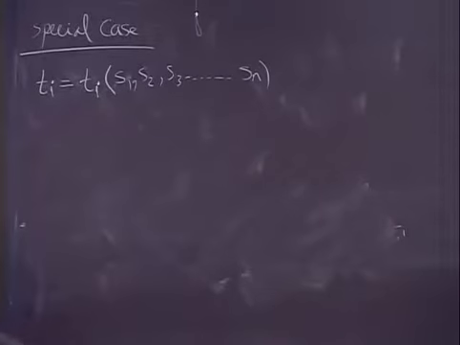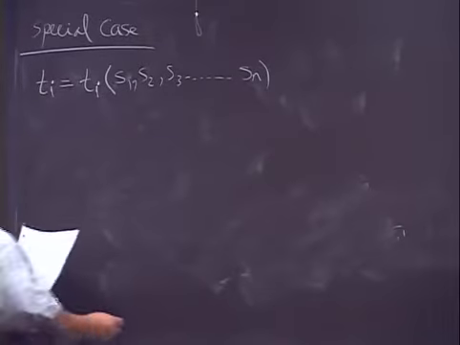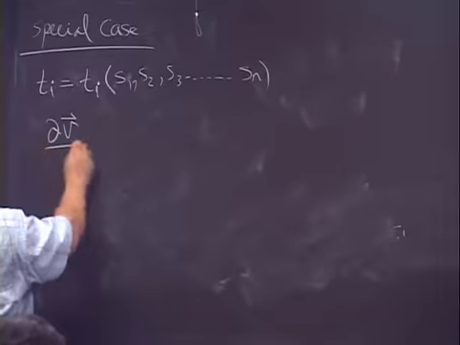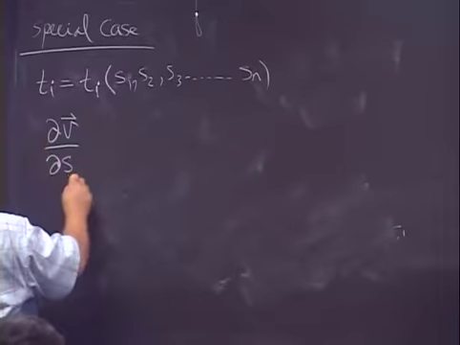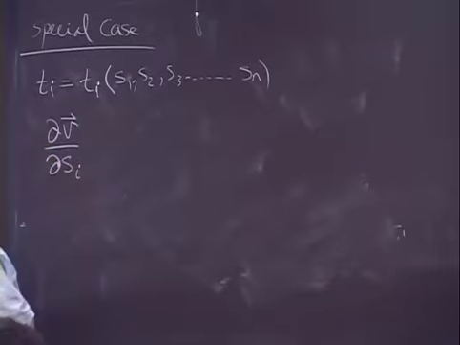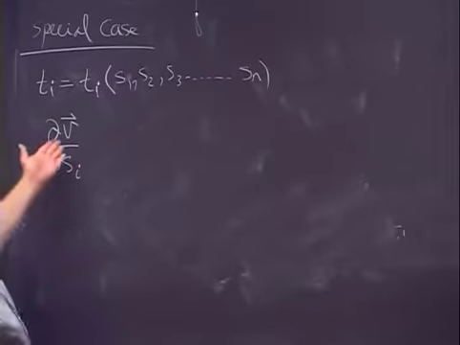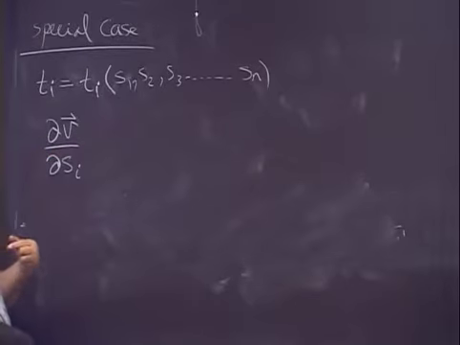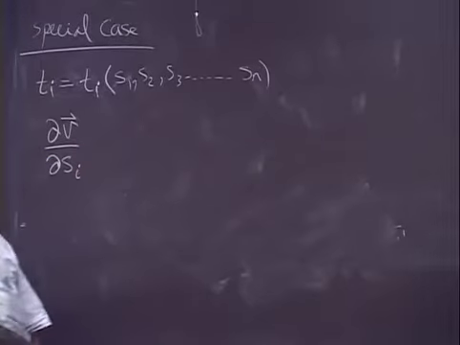So how will we obtain the partial derivative of v as a vector with respect to si? Let's assume I want to calculate the partial derivative of my vector with respect to s3.